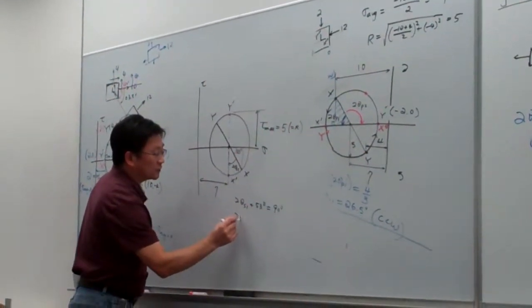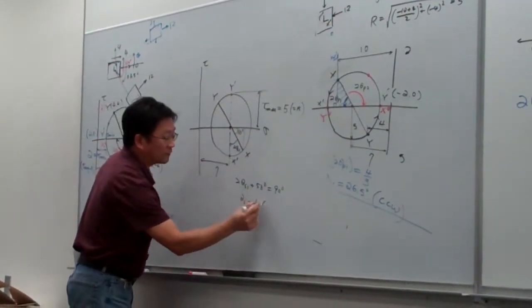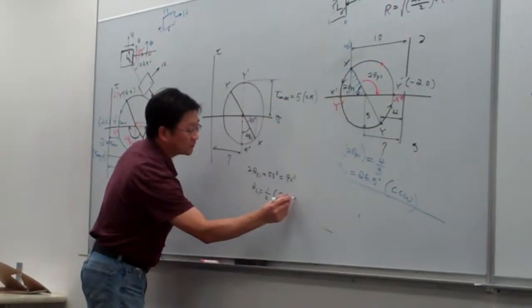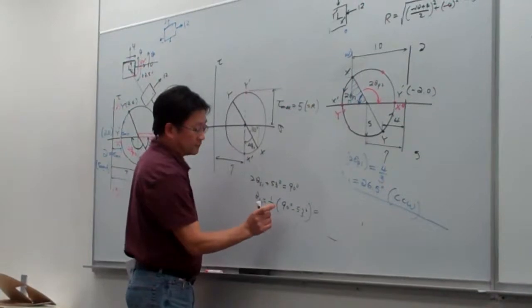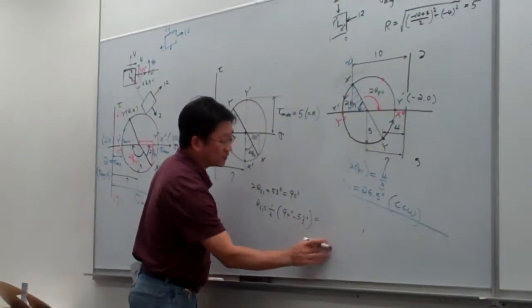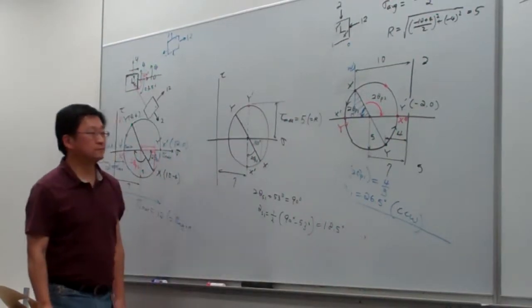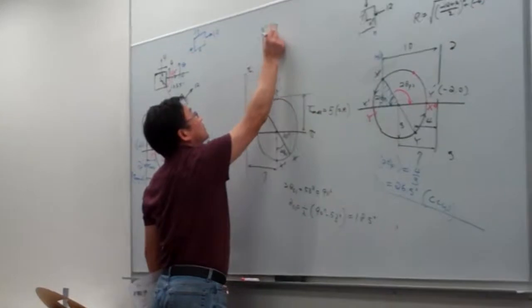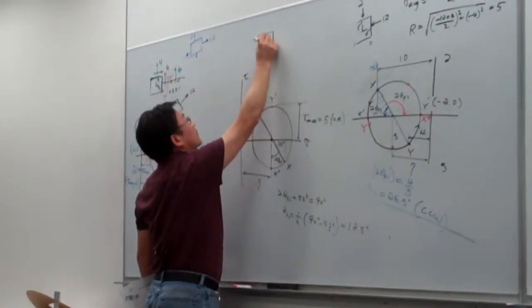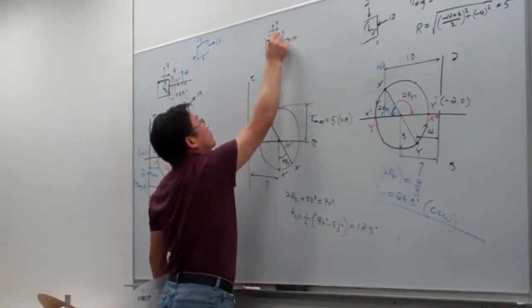So therefore theta s1 is 1/2 of 90 minus 53 degrees. How much is that? 37 divided by 2, 18.5 degrees. In this orientation we have the given x, y, 10, 4, 4.